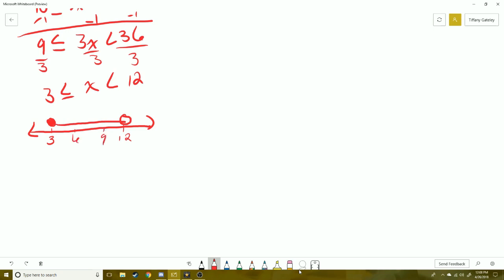Okay, now what if we have a graph? Let's do this in a different color, so I'm starting with the graph first. Say we have a graph. Now what's this graph saying?